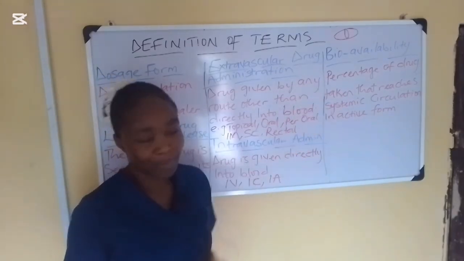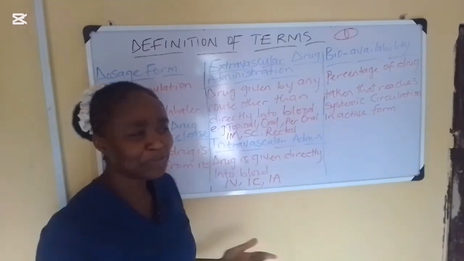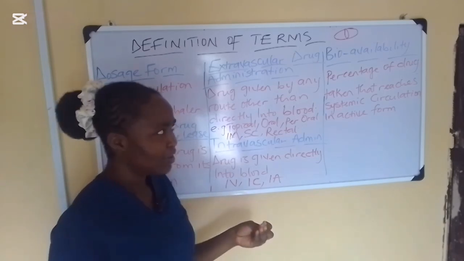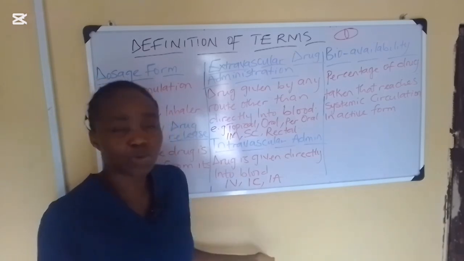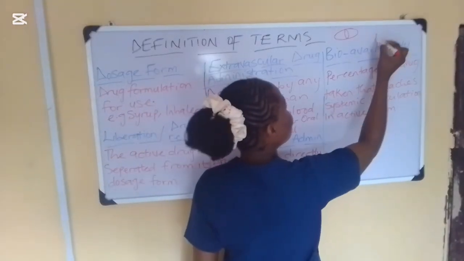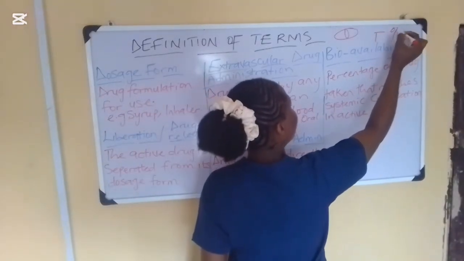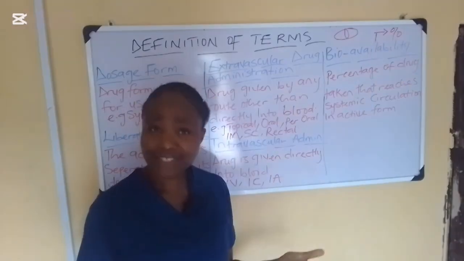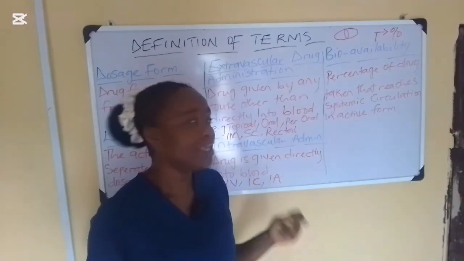So now we're going to talk about bioavailability. What do we mean when a drug has a bioavailability of whatsoever percentage? It's important for us to note that bioavailability is always described in percentage. What exactly is bioavailability?